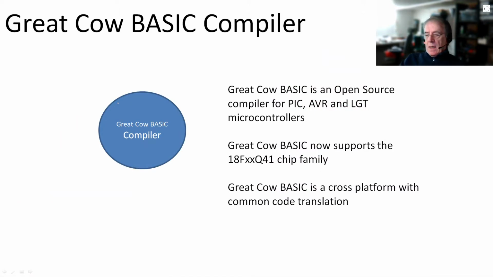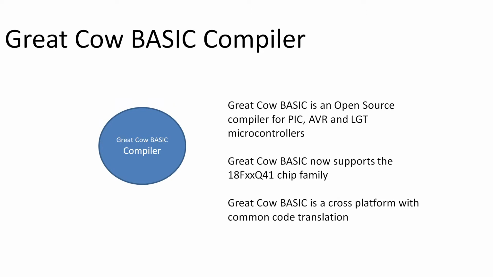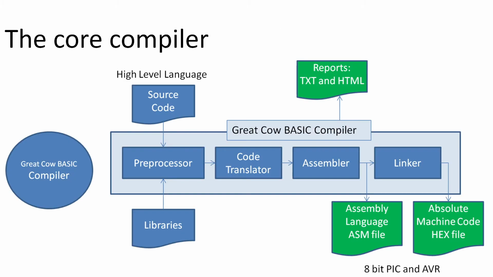So, going back to where we were yesterday, we're looking at what Great Cow Basic is. It's a compiler, it's open source, it does PIC, AVR, and LGT, and now it supports these Q41 chip families. It's cross-platform because it handles all these different chip types, and it also runs across many operating systems like Windows, Mac OS, Linux, Pi, etc. Yesterday we saw how we write code and consume libraries, and it gets processed into a lump.